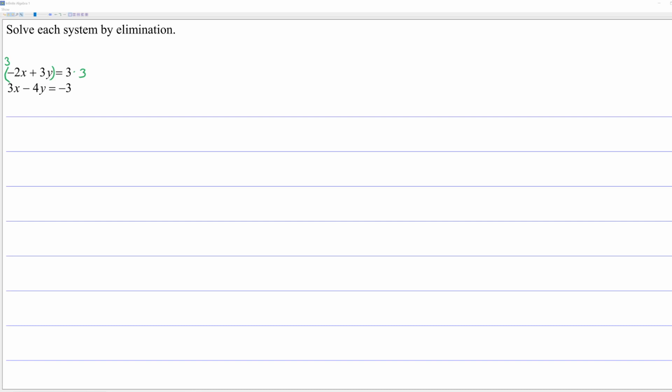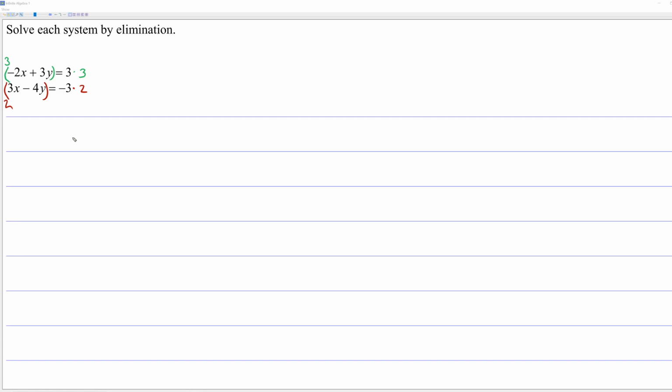At the same time, if we multiply the bottom equation by 2, 2 times 3x is 6x. So in the top equation, I'll end up with a -6x. In the bottom equation, I'll end up with a +6x. And then we'll be able to add the equations together using the elimination method.